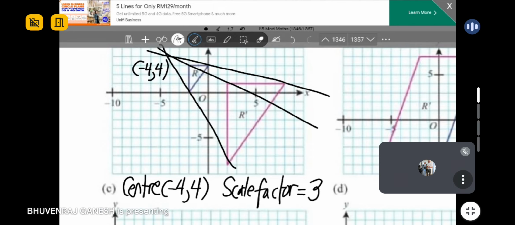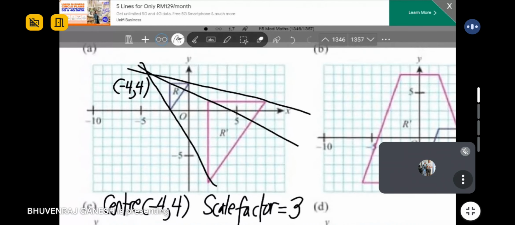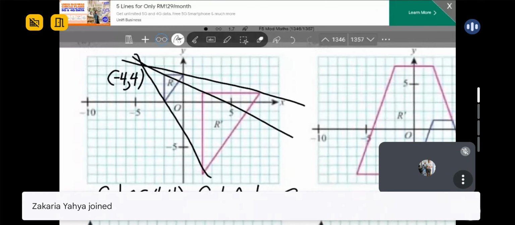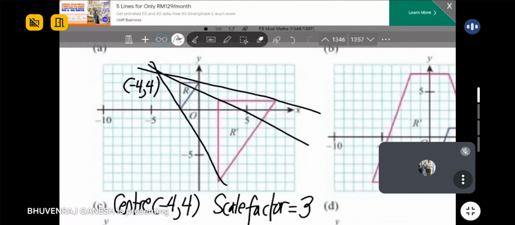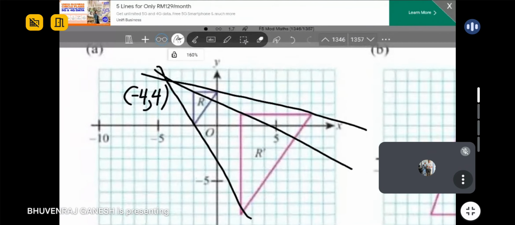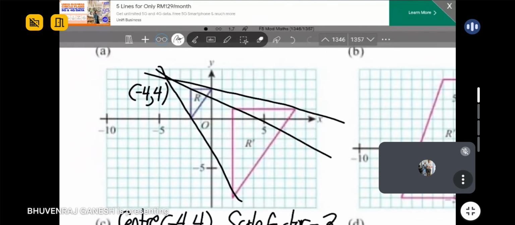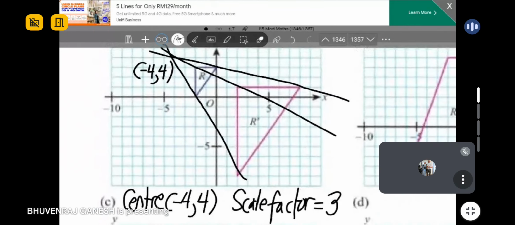Okay, so this is how we answer. You can mention enlargement also. Kamu boleh kata pembesaran juga. Because soalan dalam exam, dia takkan keluar yang ni sahaja. They won't come out this one only. They will make a full question, combine transformation, gabungan transformasi. So that's why in that case, kamu kena specify the word enlargement.